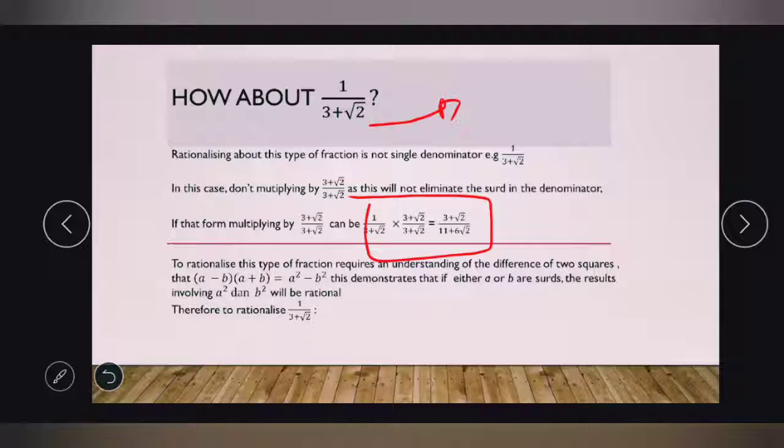So, to rationalize this type of fraction requires an understanding of the difference of two squares: a minus b times a plus b equals a squared minus b squared. This demonstrates that if either a or b are surds, the result involving a squared and b squared will be rational.